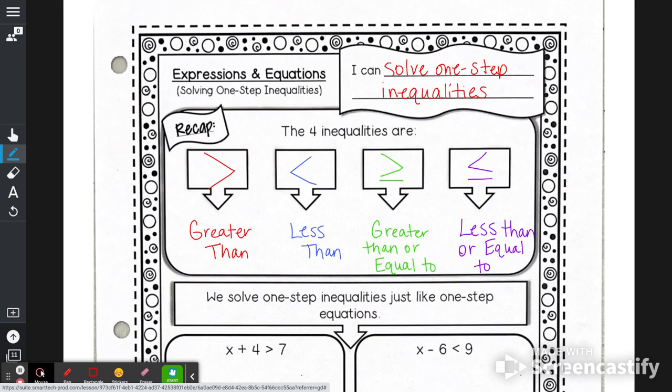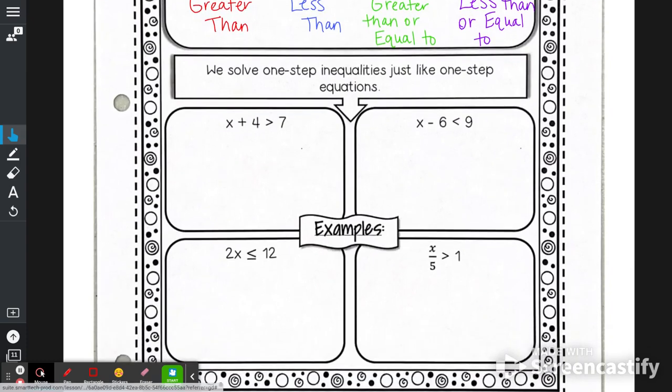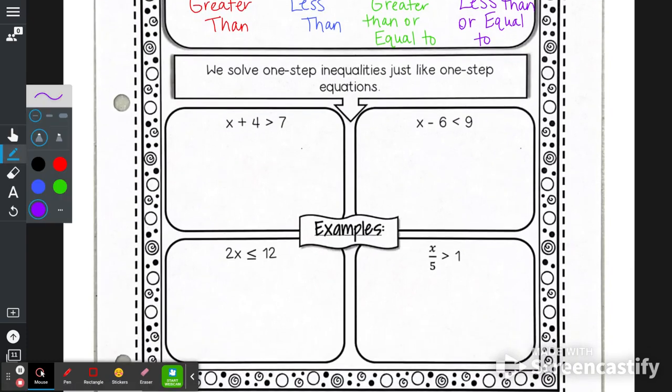Okay, so when we're talking about solving one-step equations, guys, this is exactly the same way. Okay, so we're solving one-step inequalities, but it is almost exactly the same way as doing equations, okay?